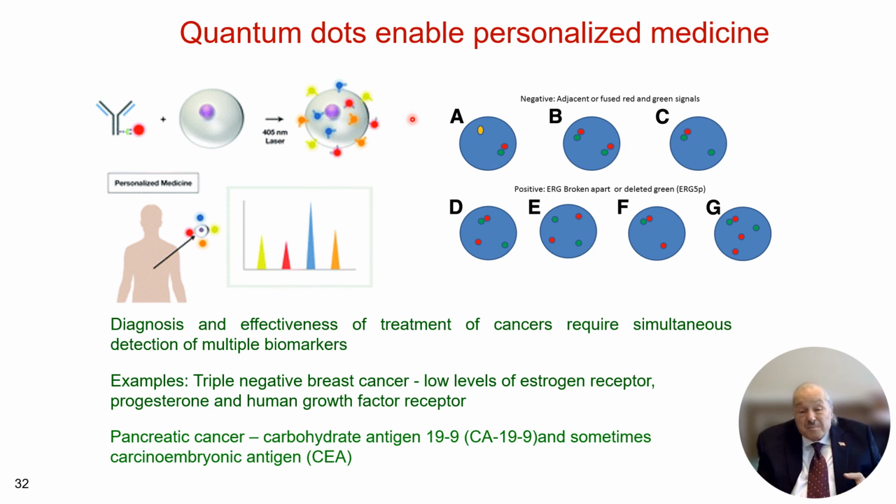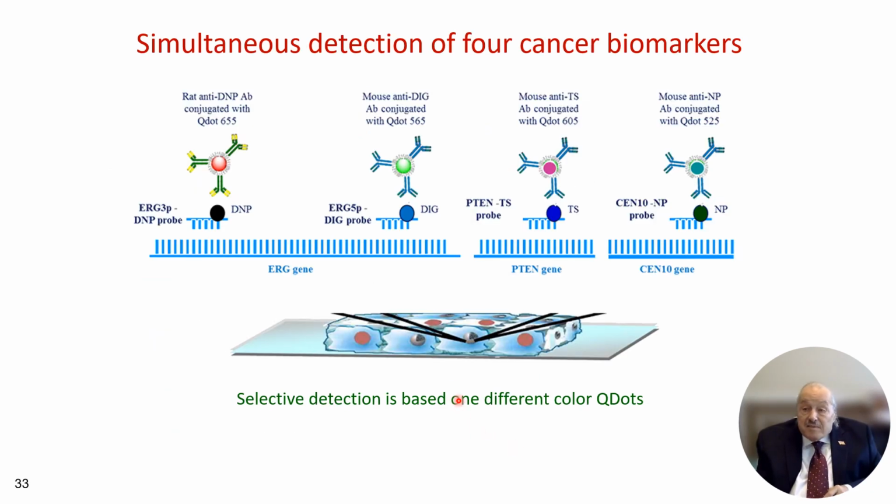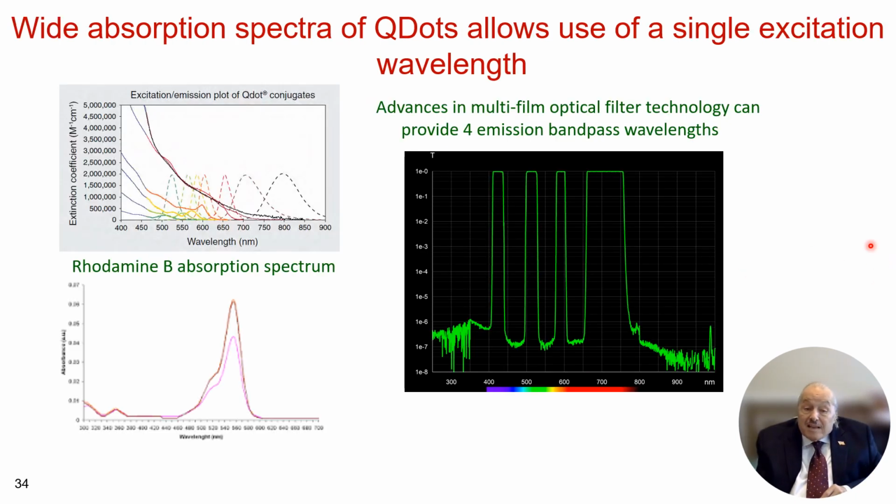Many flow cytometers measure the emission wavelength, different emission wavelengths. And in many types of cancers, the diagnosis of the treatment of the cancer is dependent on not detecting one biomarker, but multiple biomarkers. And this can also be done on a slide. It didn't have to be done as I showed in the previous slide. And this is remarkable. I would have never thought this was possible, but this had to be done for the flow cytometry groups.